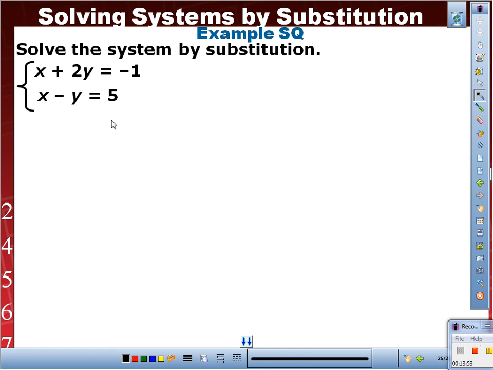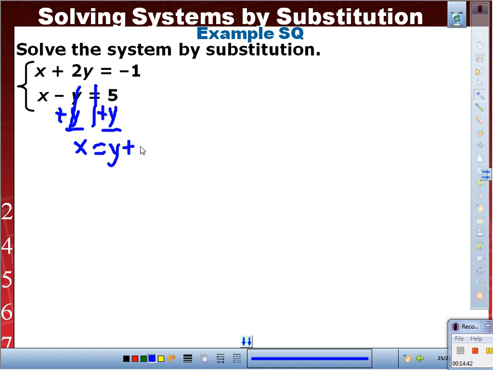Some of you said, I'm going to use the second equation and solve for y. But look what I'm going to do. Let your noodle do the thinking.